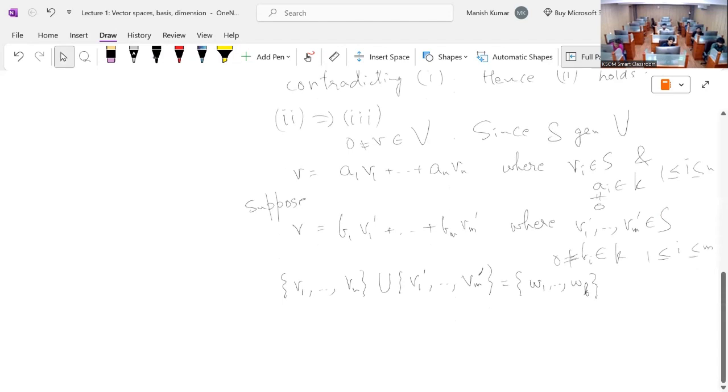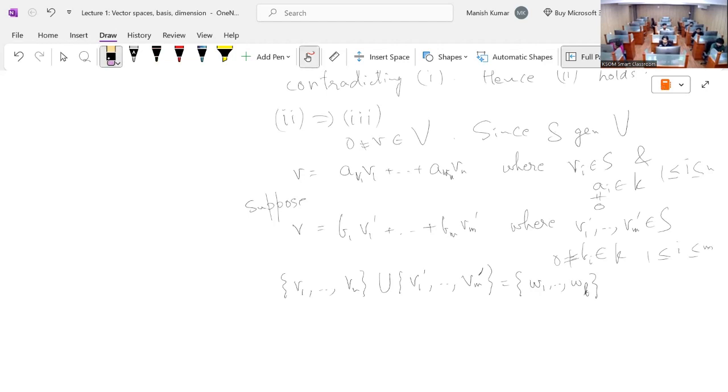So this union, I'll denote it by w1 to wl, and the coefficients, maybe I'll change it. Let's call it a_v1 to a_vn. So a_v1 is the coefficient of v1, and a_vn is the coefficient of vn.